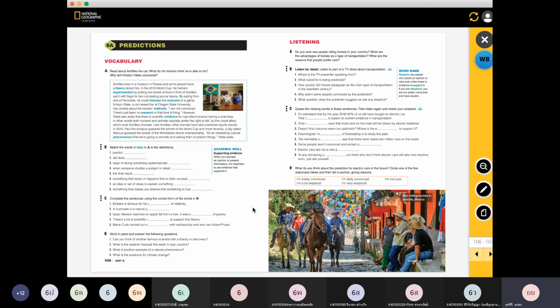We have to use evidence to make it more reliable, right? So we must use evidence to explain the ideas or to explain the phenomenon that happens.